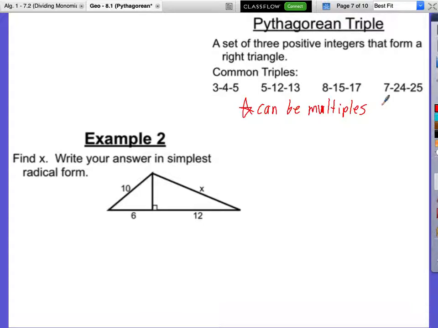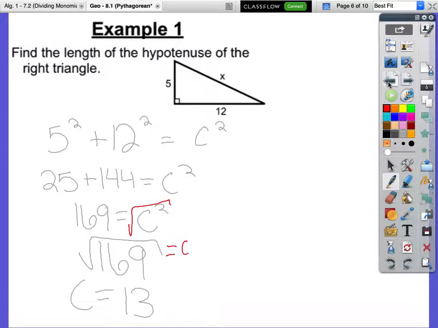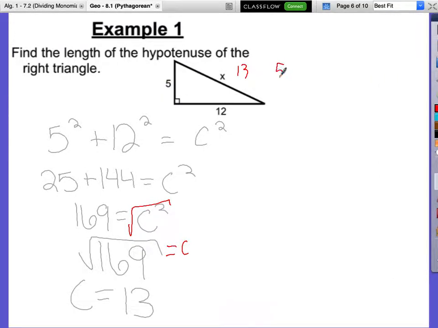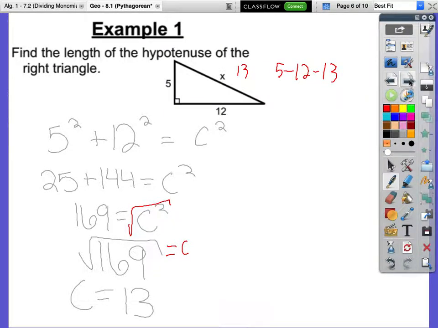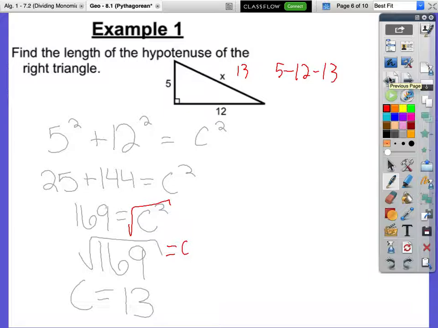If we look at our previous triangle, example 1 is right above this for you guys. This ended up being 5, 12, 13. So the lengths of this triangle ended up being 5, 12, and 13. Is that one of our triples? Yeah, it is. If we recognize that as a Pythagorean triple, and we're looking for the hypotenuse, and we know 5 and 12, we automatically know it will always be 13.